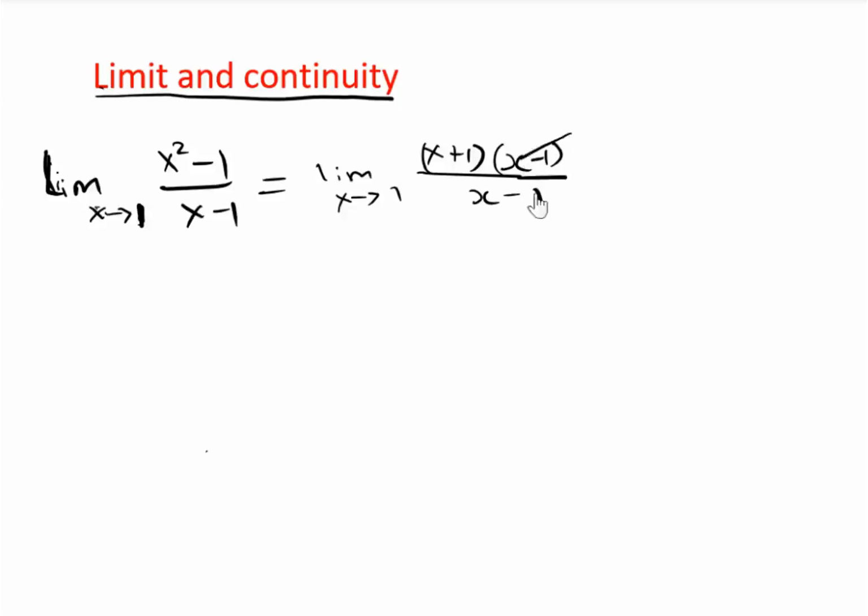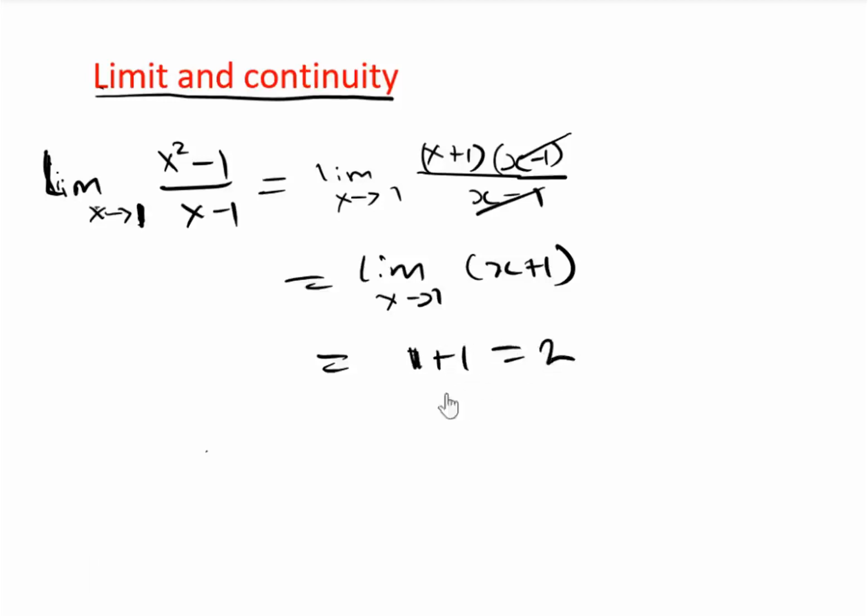The x minus 1 can cancel x minus 1, then we are left with the limit as x tends to 1 of x plus 1. Now we can substitute directly. If you substitute x to be 1, then 1 plus 1 will give me 2, and this is the limit.